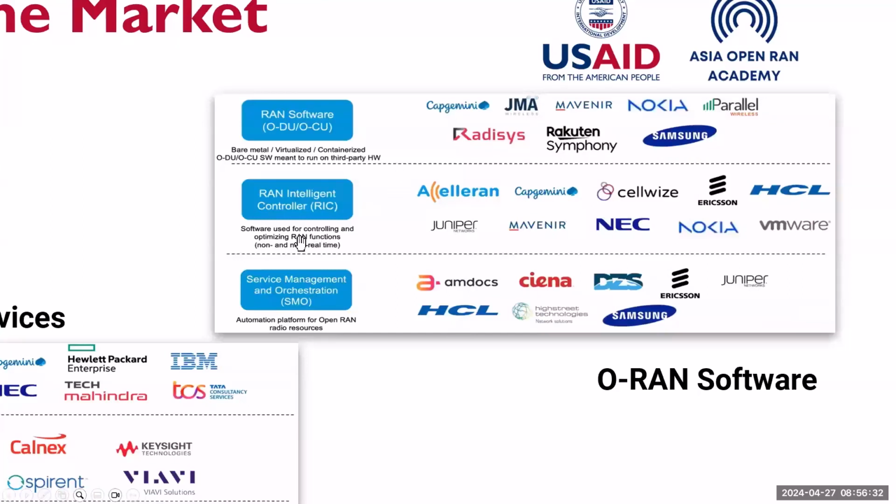Now, for the RAN Intelligent Controller or the RIC, there are a lot of players also involved, like Juniper, Mavenir, Cellwize, Capgemini, Nokia, VMware. And for the service management and orchestration, you will see Amdocs there, Ciena, Ericsson, Juniper, HighStreet Technologies, Samsung, and HCL. So those are for the O-RAN software.